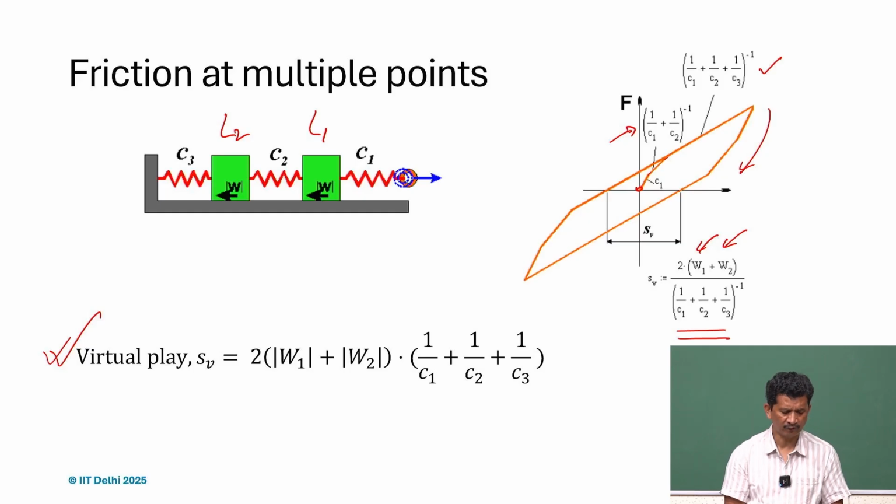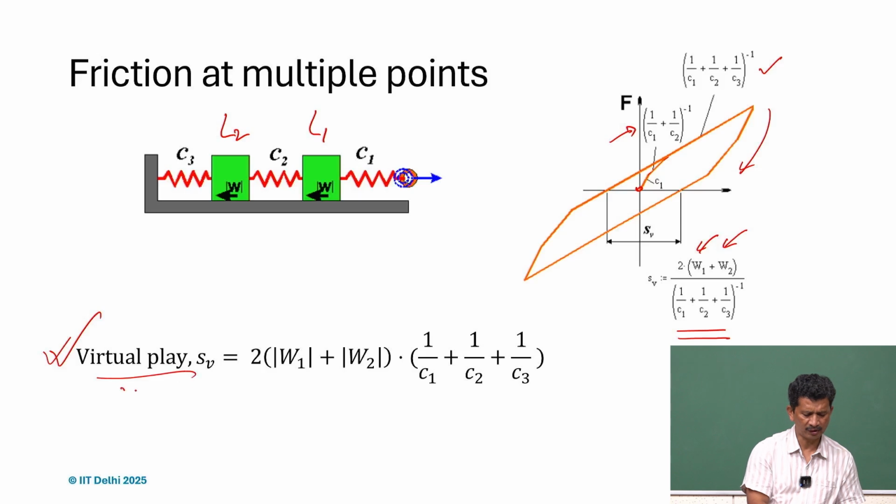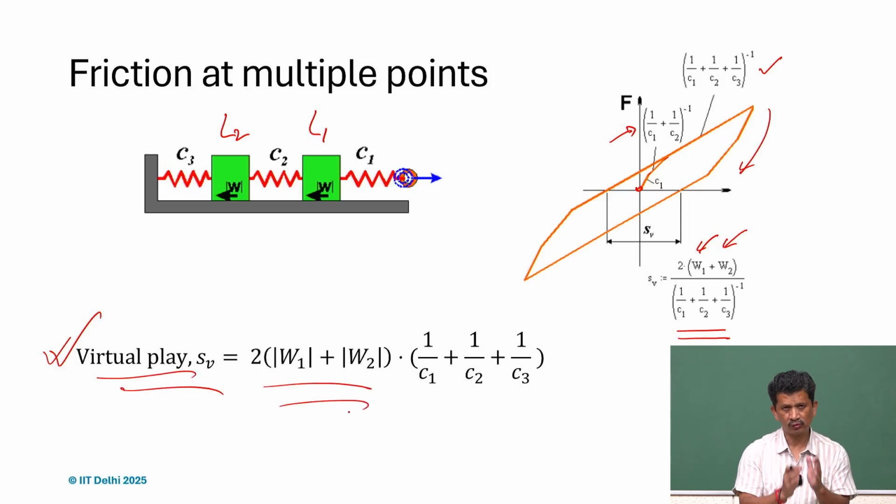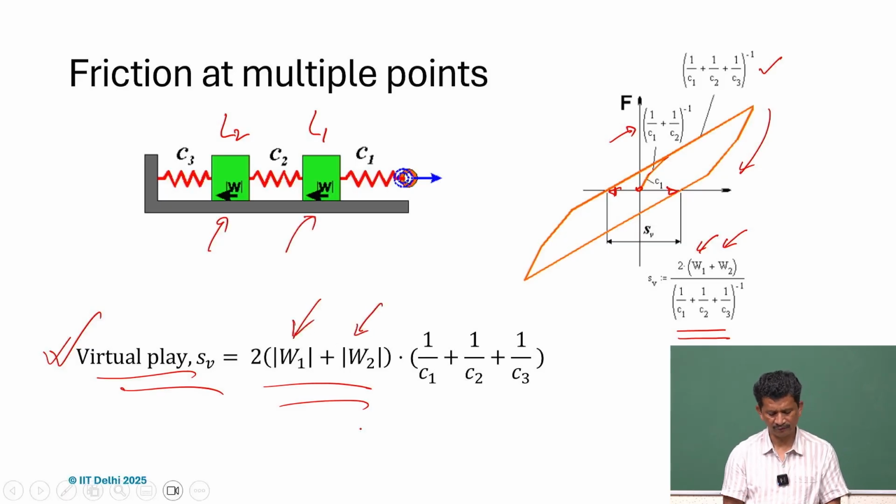And when we try to find the overall uncertainty or virtual play, we realize that it is 2 times the friction value, W1 and W2 we have here, into the effective stiffness, divided by the effective stiffness.